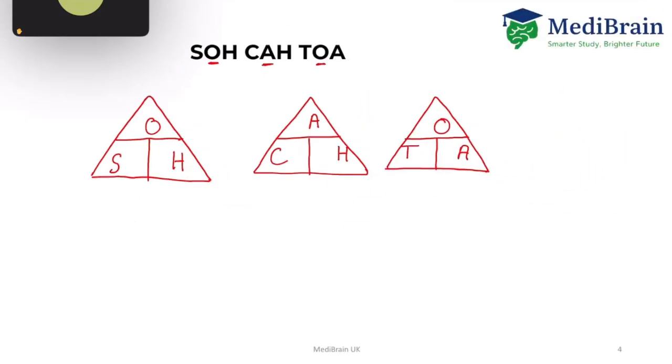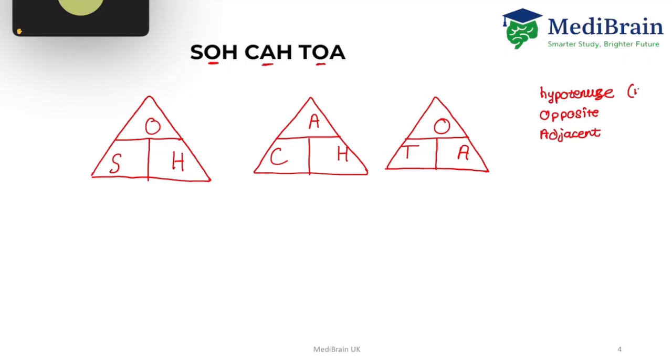Okay, now when we were labeling a triangle, remember we had three sides. We had the hypotenuse, we had the opposite, and we had the adjacent.